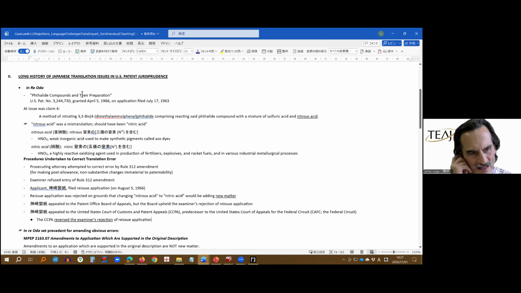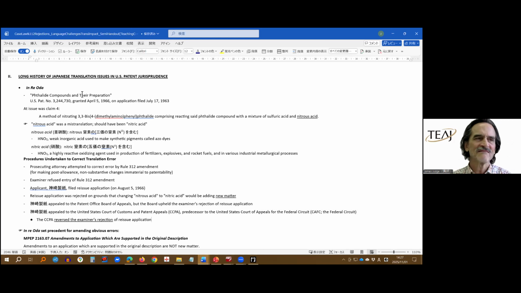Especially to me, I wouldn't have thought that a Japanese applicant in the early 60s would have gotten a translation in and filed an application, had it issued as a patent, and then realized there was this mistake, and then went to all this great trouble to try to fix the mistake.